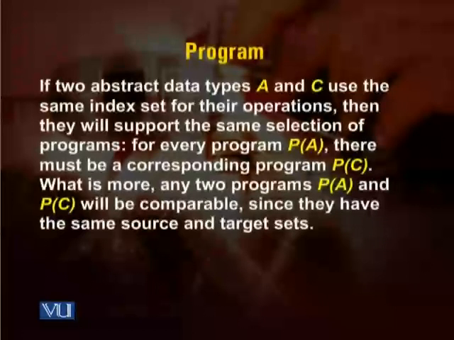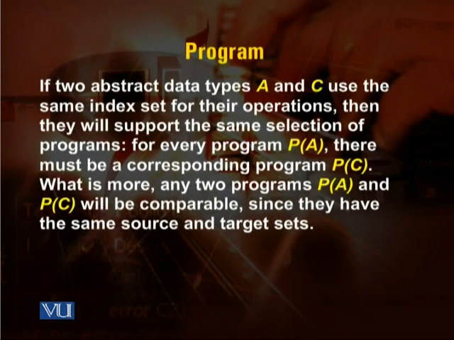So if two abstract data types, A and C, use the same index set of their operations, then they will support the same selection of programs. For every program PA, there must be a corresponding program PC. What is more, any two programs PA and PC will be comparable since they have the same source and target sets.